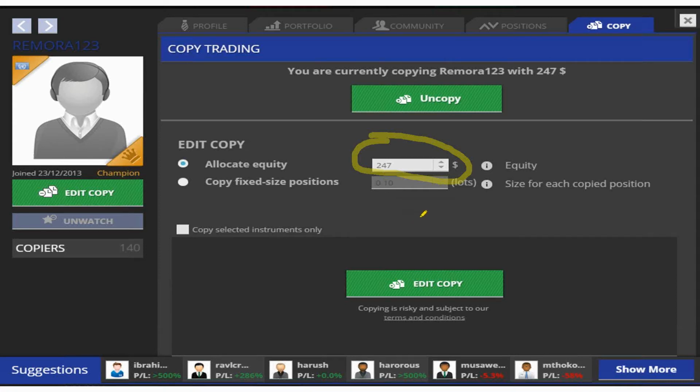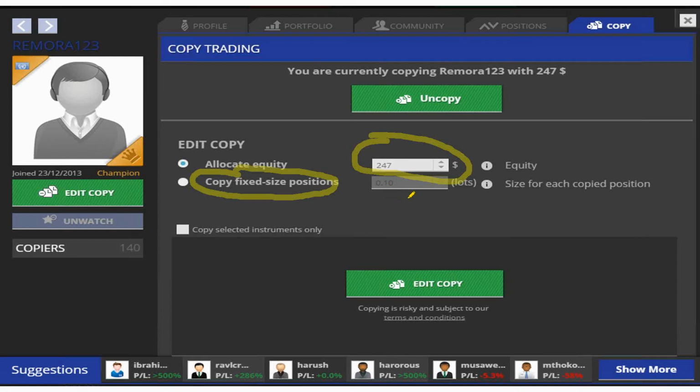But just to finish on this particular window, you also have something called copy fixed size positions, which is a fantastic way of controlling the volume. Now, answering Stanley's question about volume: volume is the amount of a position that I want to enter into the market. Now, 0.10, we all know, is a mini lot.